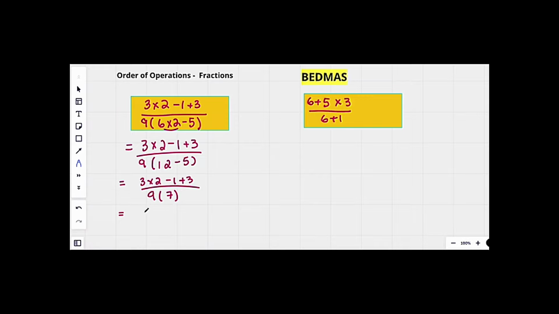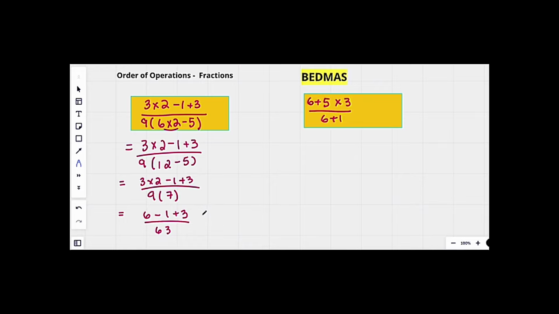So 3 times 2, which is 6. And then we go minus 1 plus 3, because I said we just keep carrying everything forward. We just do one step at a time. 9 times 7, which is 63. Okay, so now we can do the next step, which is the adding or subtracting.